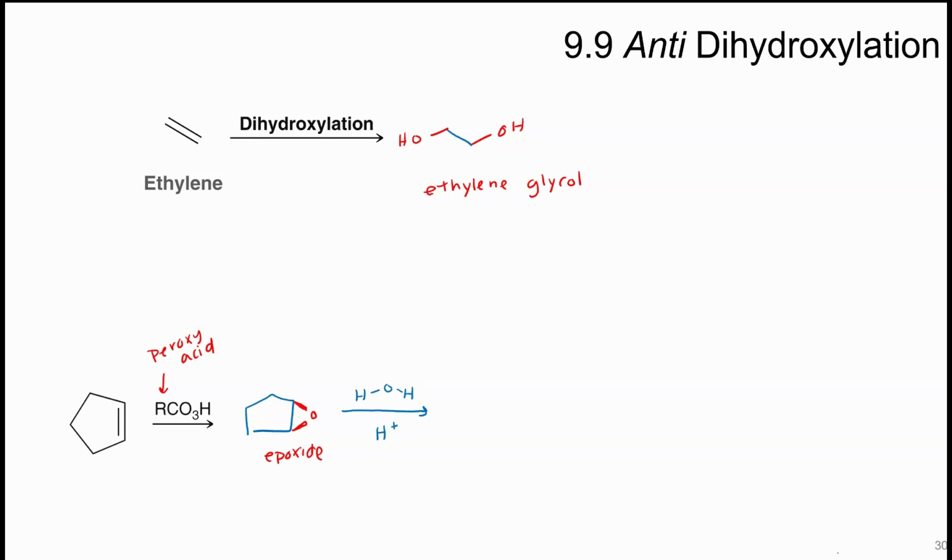Water and acid is then added to that to form a trans-diol, plus the enantiomer. So the trans is because the alcohols are doing an anti-addition. And the diol is from the two alcohols. This is a multi-step process.